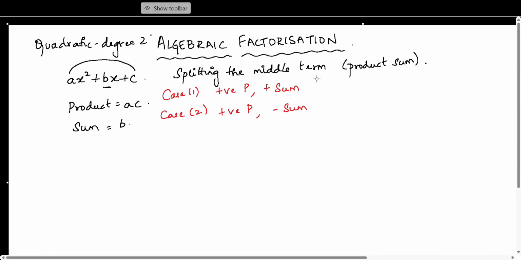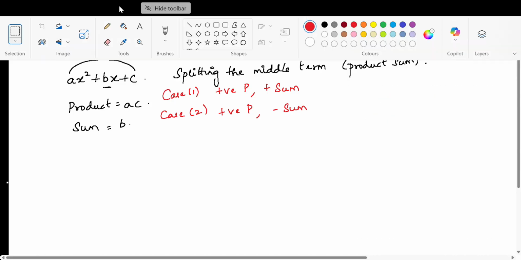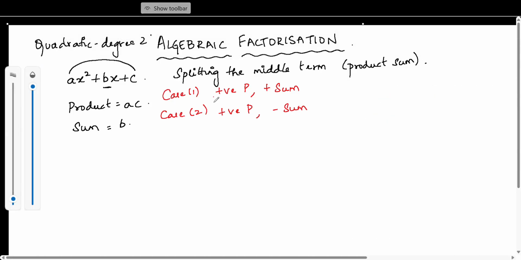Case 3. Is a negative product. A negative product can have a positive or a negative sum, because partly the procedure is same.